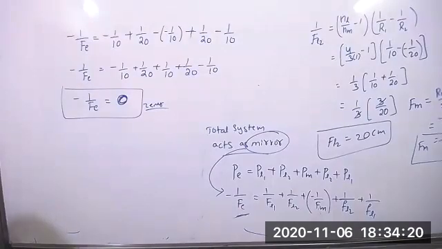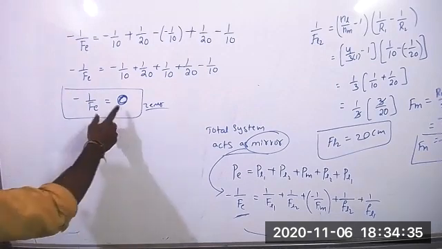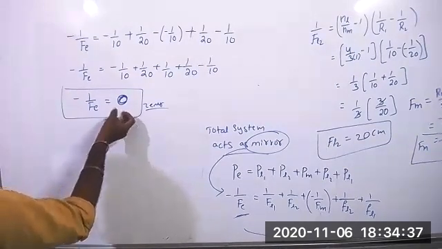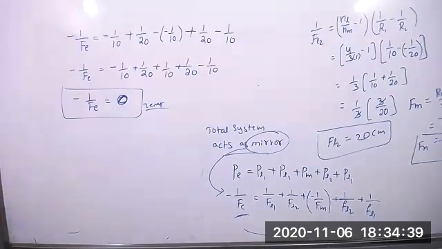Understand clearly? So 1 by F equivalent equal to 0. But you said, sir, that it will be negative. Yeah, negative, but you got 0, no? Even the correct answer is 0 only. Actually, we are getting 0 for this sum.